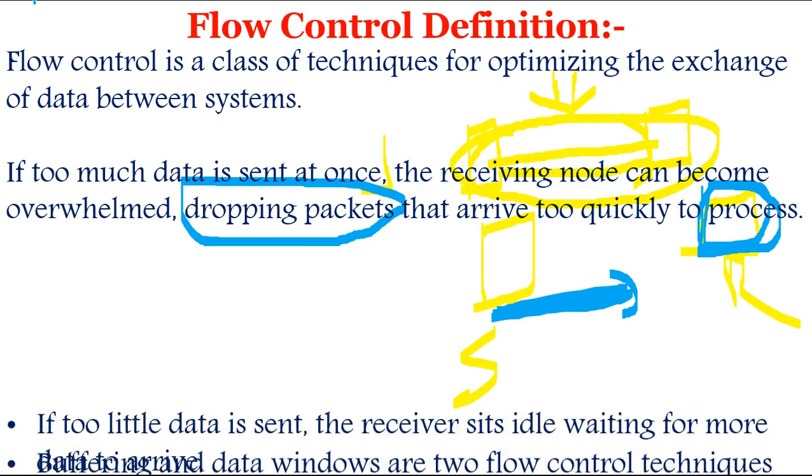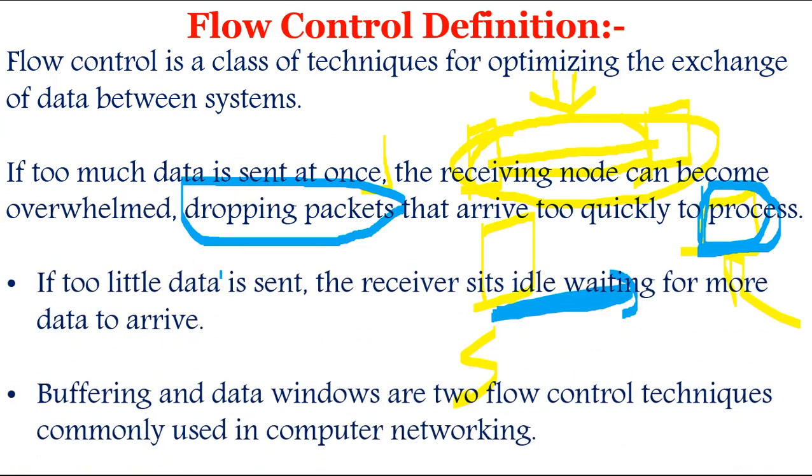So in this condition, flow control plays its role. As I told you, if too much data is going, the receiving device may not handle that much data, or it may drop certain data. Now the other scenario: if too little data is sent, the receiver sits idle, waiting for more data to arrive.